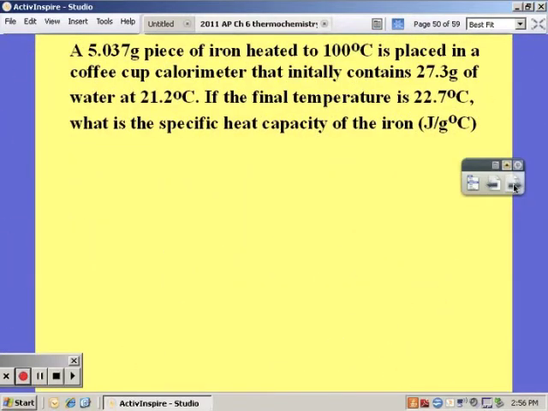Go ahead and pause the video and try this one on your own. But before doing that, a hint. You're going to be doing heat lost by the iron is equal to heat gained by the water. So put all your iron on one side and all your water on the other side.